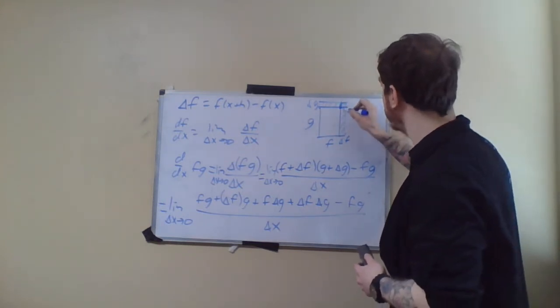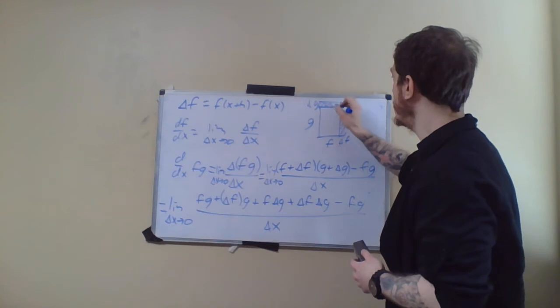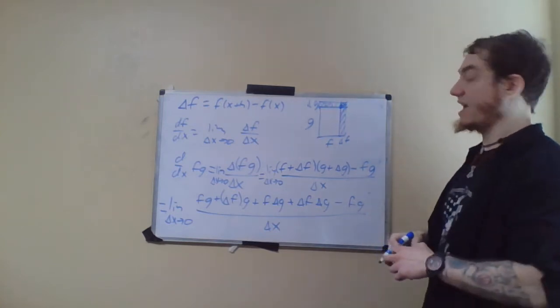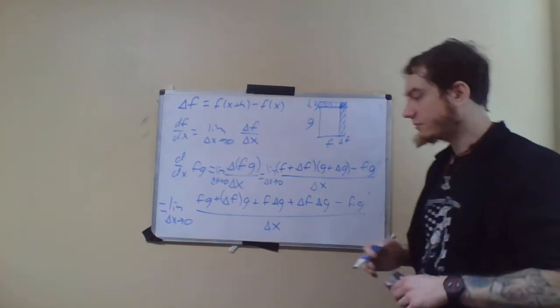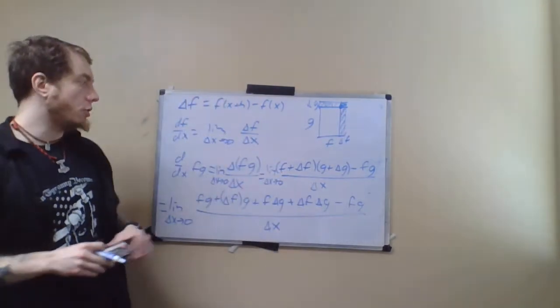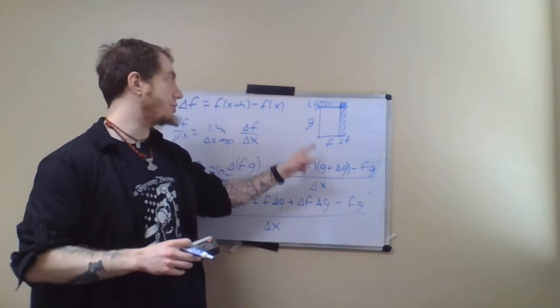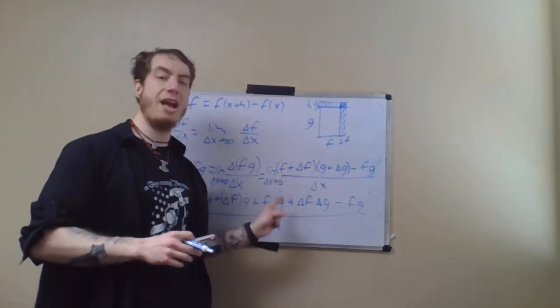So we actually have these three new regions that come into play here. And really, this is just a geometric way of understanding what happens when we do this product.